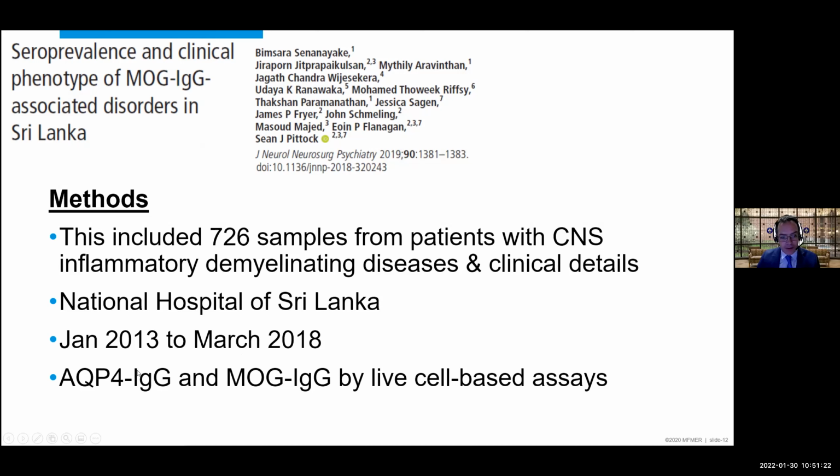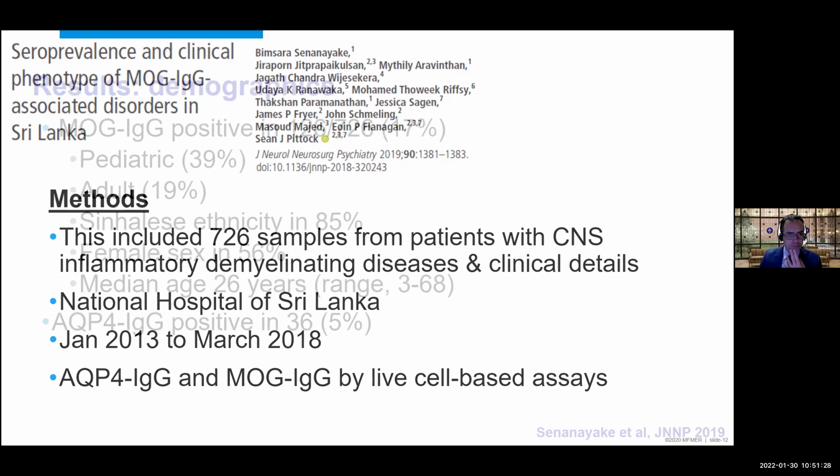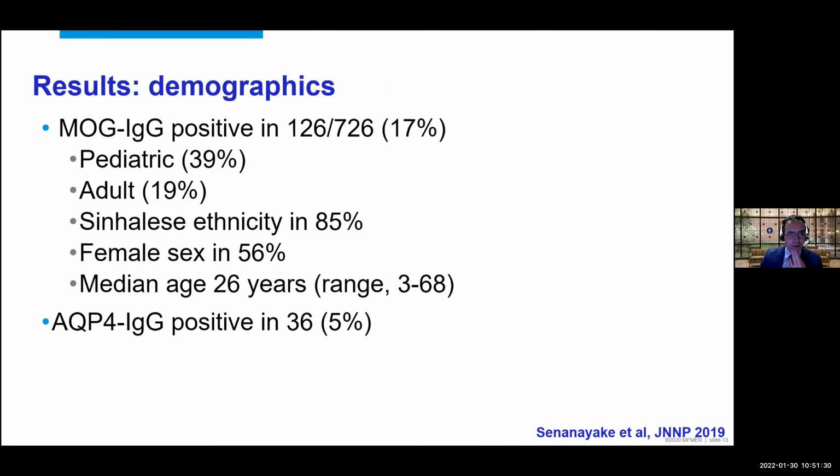And again, all of these patients were tested for the aquaporin 4 and MOG antibodies by the assays I mentioned earlier. The result in this study was interesting: MOG antibodies were found in 17%, or 126 of the 726 patients. And again, there was a high proportion of pediatric cases here.